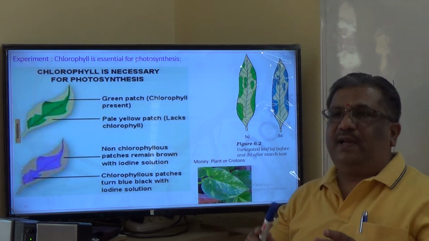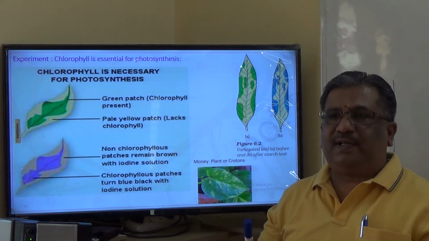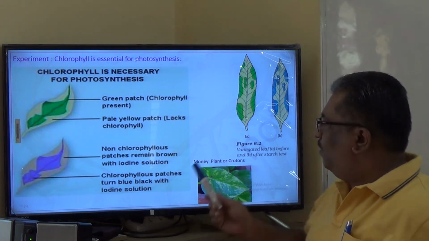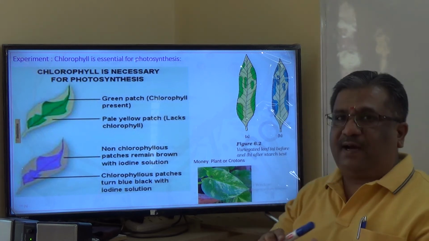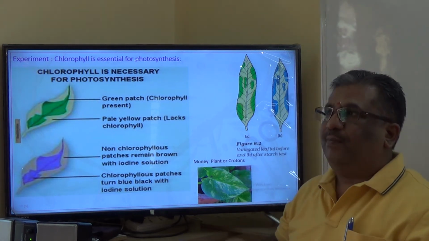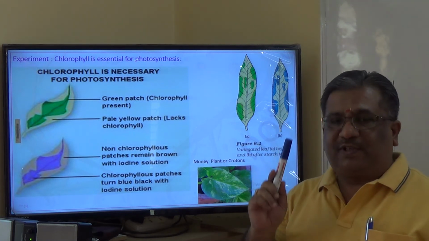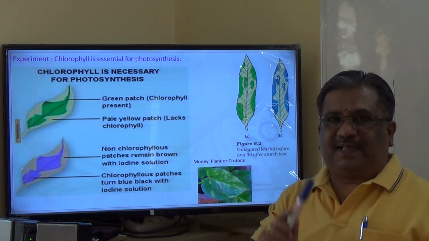Meaning iodine is a test for the presence of starch, or also it is called the test for starch. Iodine is a test for starch. So wherever there was a green region, there iodine turned blue-black, meaning the green region was responsible for photosynthesis and responsible for production of starch.